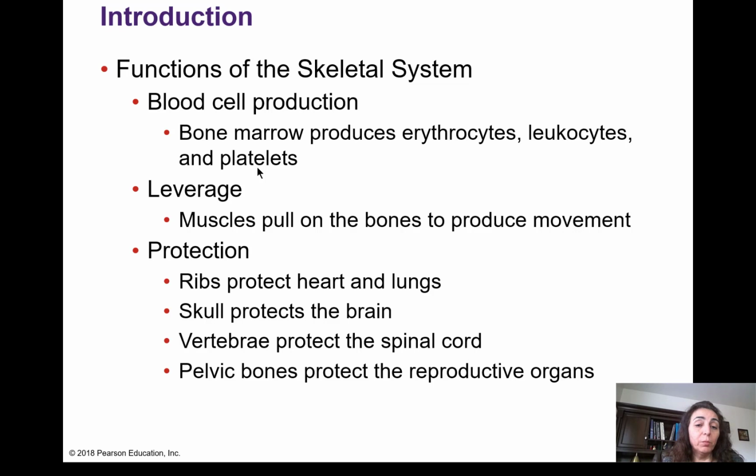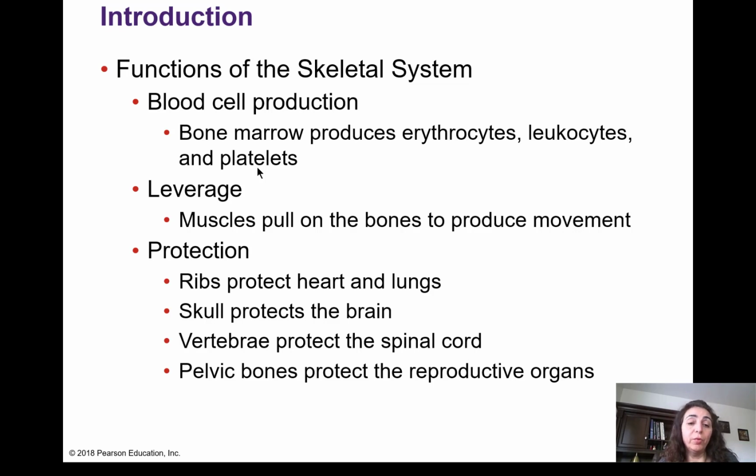Besides that, leverage: the muscles pull on the bone to produce the movements, the skeletal muscles. Protection. Ribs protect the heart and lung. So we have a bony cage-like shape in different parts of the body.